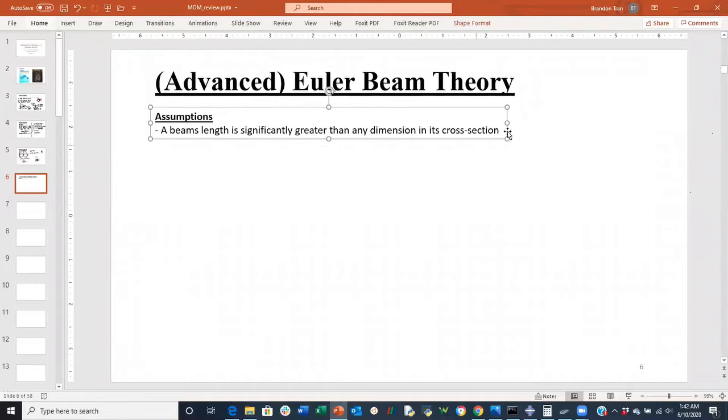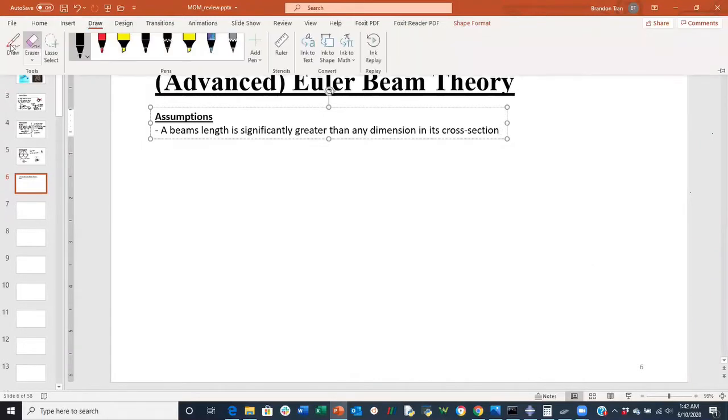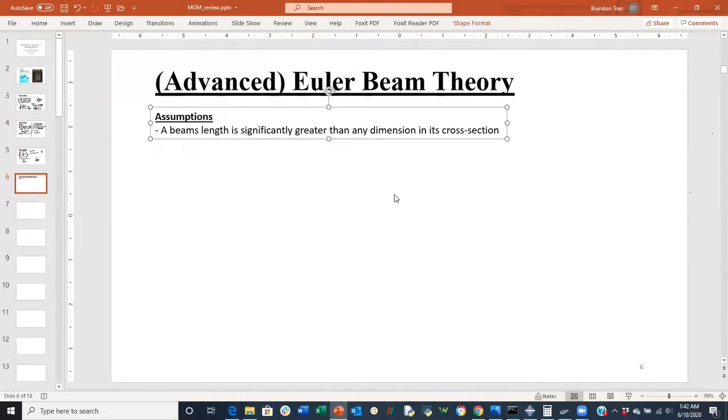So what we essentially mean by that is, let me go ahead and draw a generalized beam real quick.